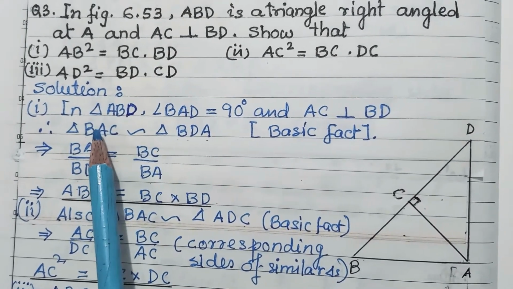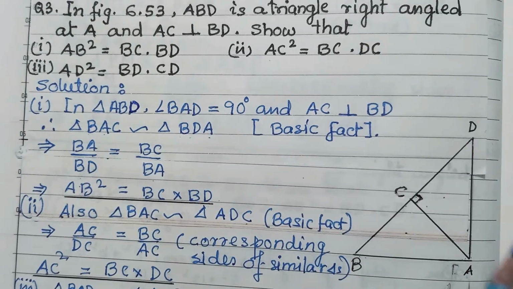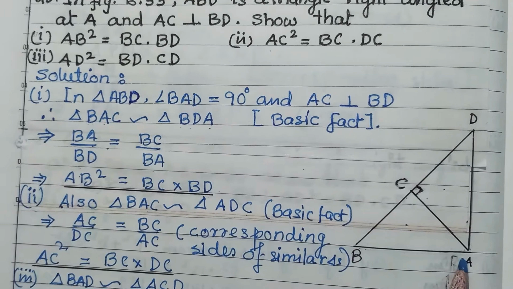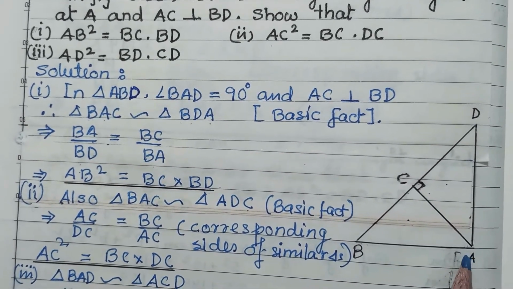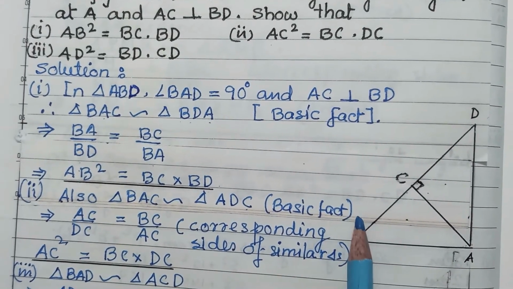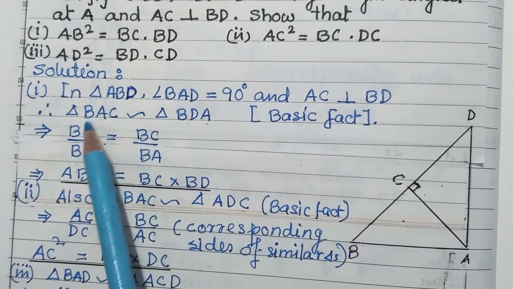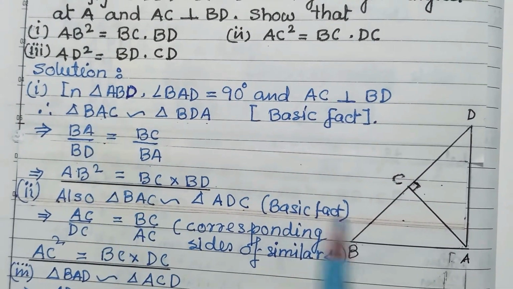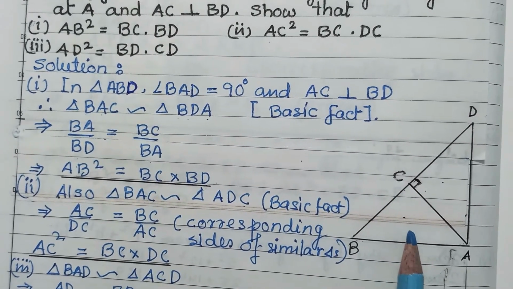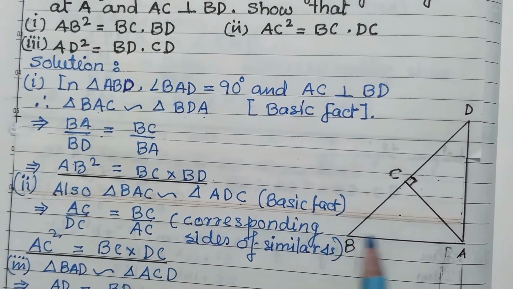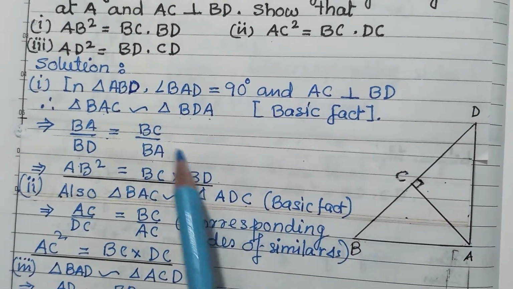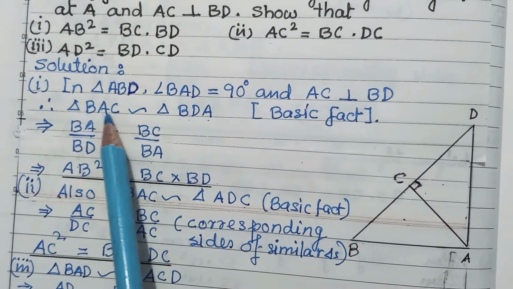Now the first solution. Triangle ABD: angle BAD is 90 degree and AC is perpendicular on BD. Therefore triangle BAC is similar to triangle BDA, because here I have taken the right angle at last.